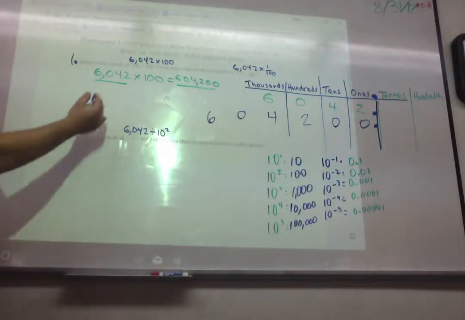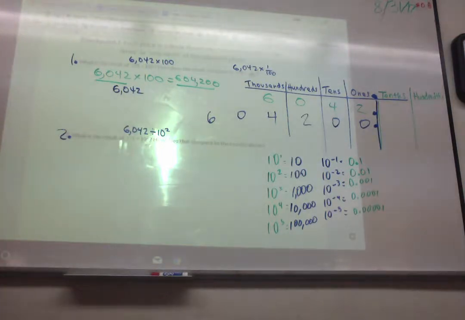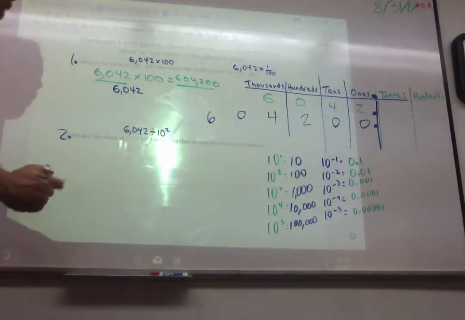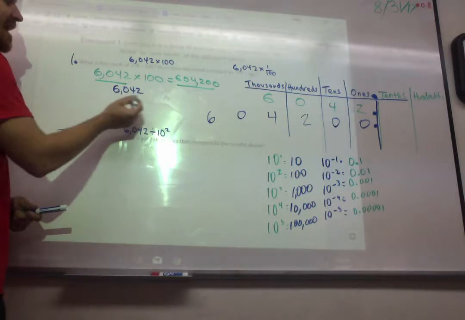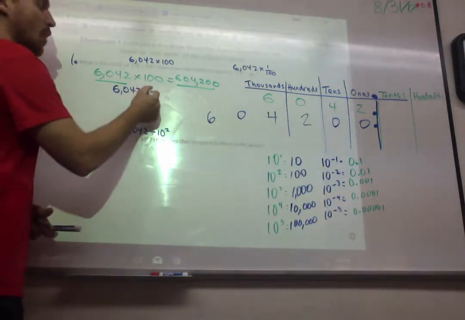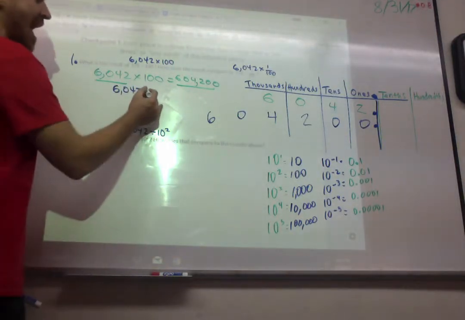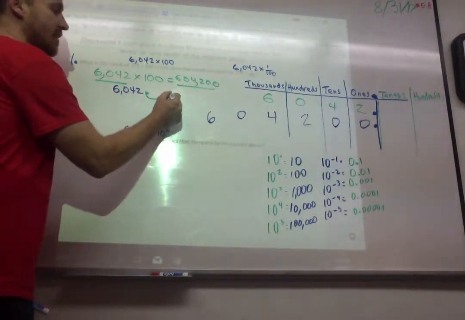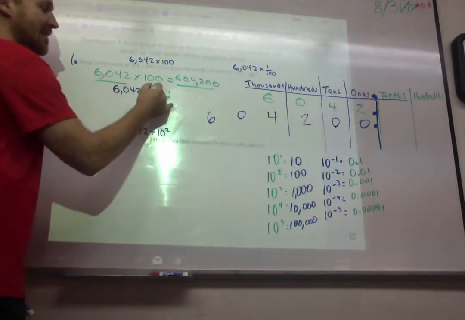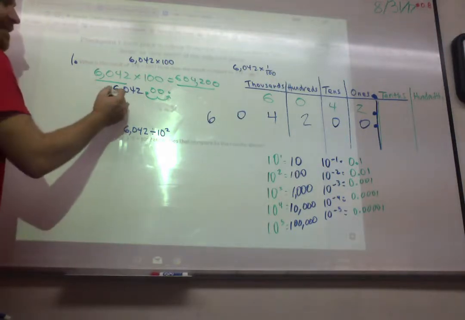I've told you a trick before, and I haven't done a great job explaining why it's so. Where's the decimal point with 6,042? It's right after the ones place. When I multiply it by 100, I can move that decimal point 2 places, and now I have 2 more zeros before the decimal point.